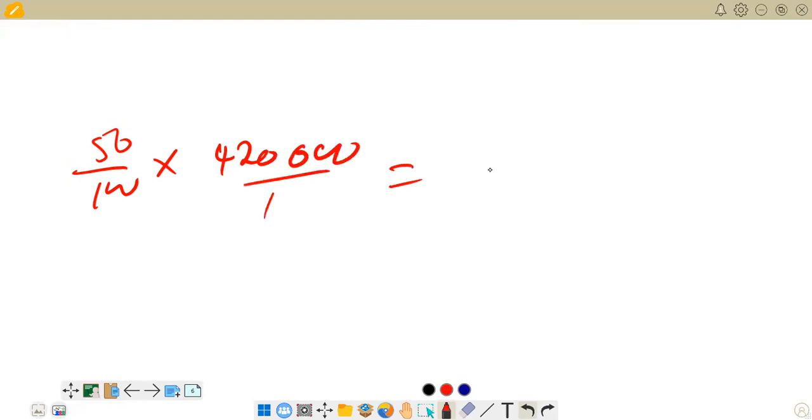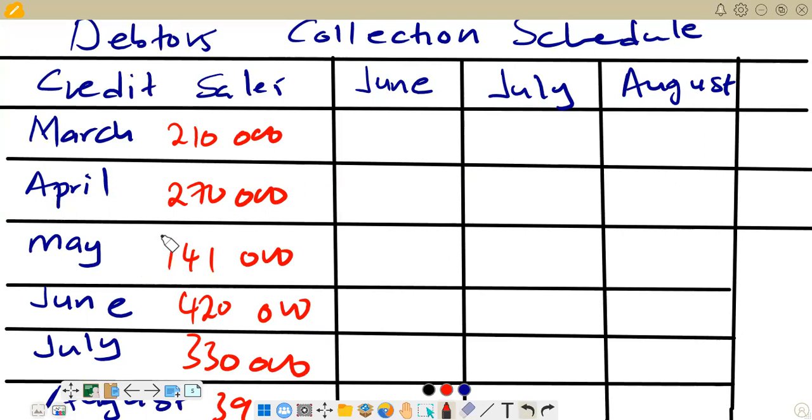There, obviously, you use your calculator. 50% as a decimal is 0.5. Then if you multiply by 420,000, you are going to get 210,000. So it means 210,000 will be received in June, because 50% is being said will be received in the same month. So 50% of 420,000 gives 210,000.